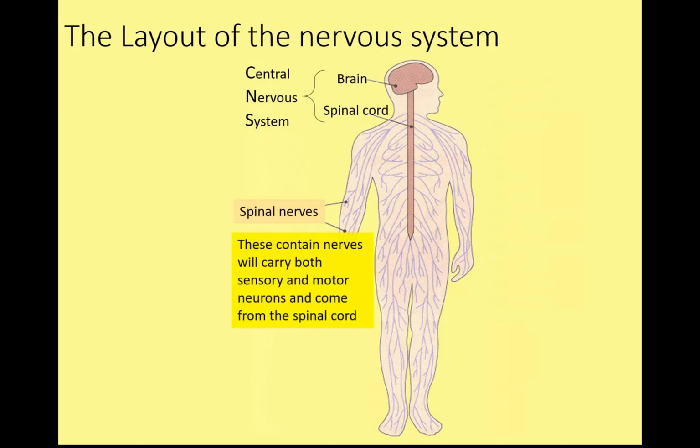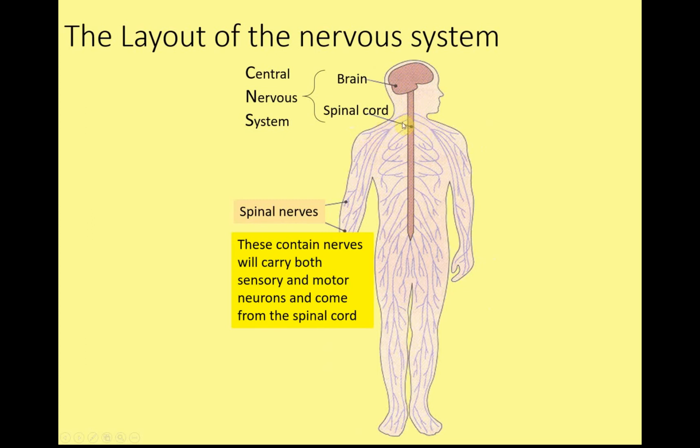These are big bundles, a bit like a cable with loads of wires inside, and there's a mixture of sensory and motor neurons in there that come out from the spinal cord and go to wherever they need to. So for example, you can see ones coming up quite high up near the neck here. These ones are coming down and going down to the arms.